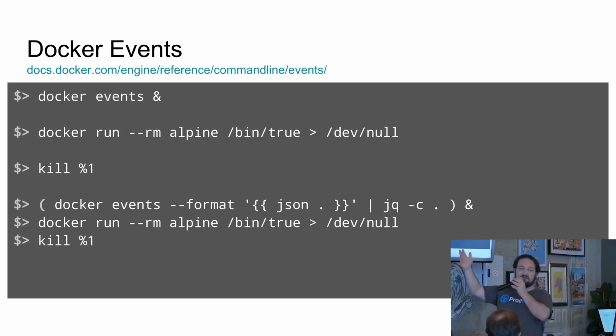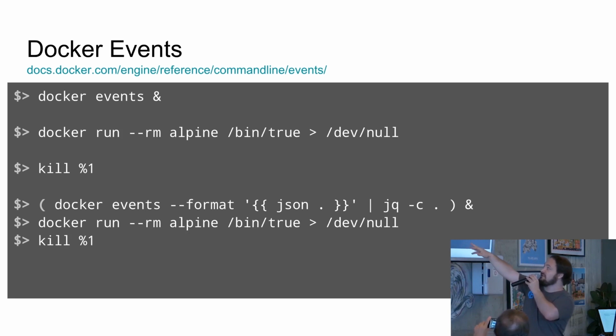So very similar to what we did previously, I want you to type in these commands. In the first command, we will run the Docker events blocking command in the background using the ampersand. Then we will run a simple container that just executes the true application. It doesn't do anything, it exits immediately.